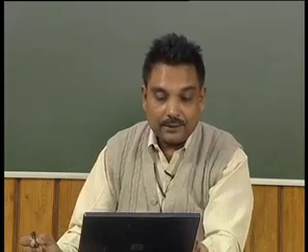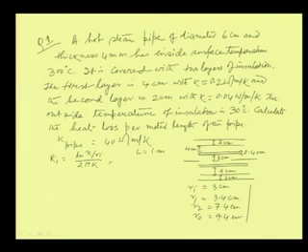We get ln 3.4 by 3 by twice pi k, and k is equal to 40. This value gives 4.98 into 10 to the power minus 4 Kelvin per watt.